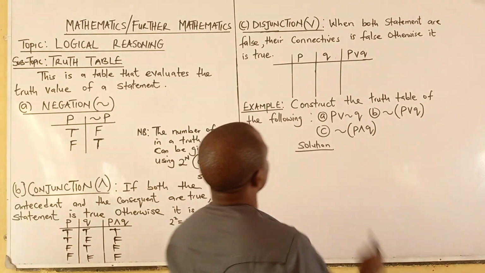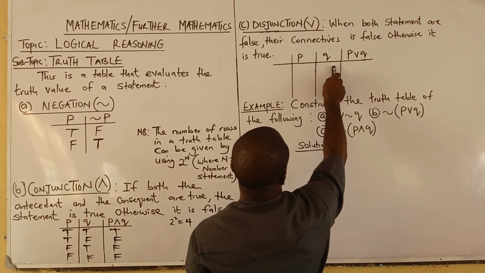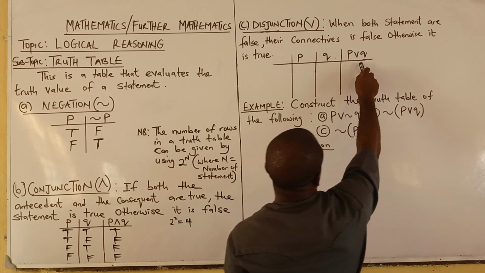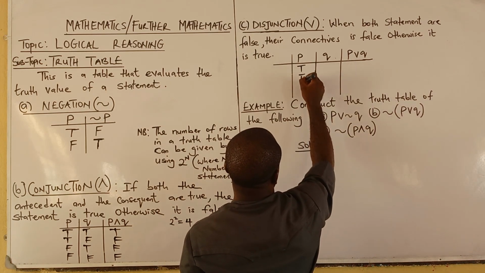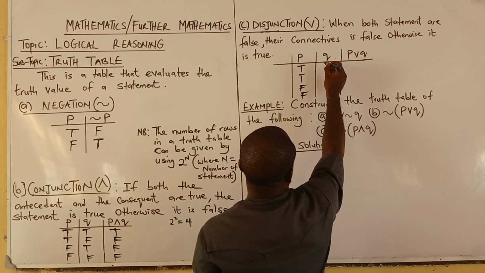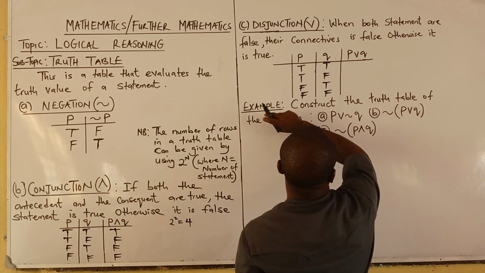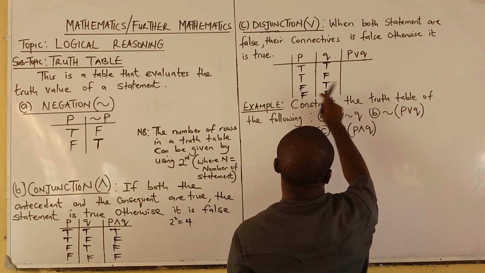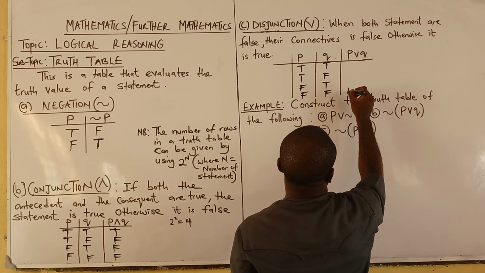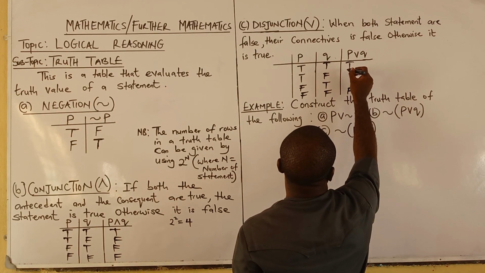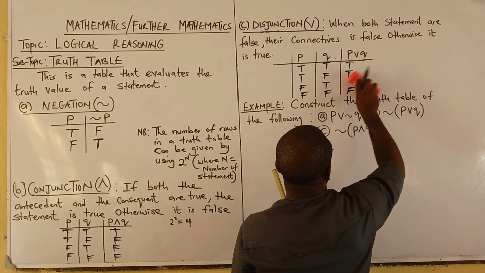Otherwise, it is true. Let's see. When both statements are false, that is P and Q, their connective is false. Otherwise, it is true. You have true, true, false, false, and true, false, true, false. So it will be false if both the antecedent and the consequent are false. Otherwise, it is true.